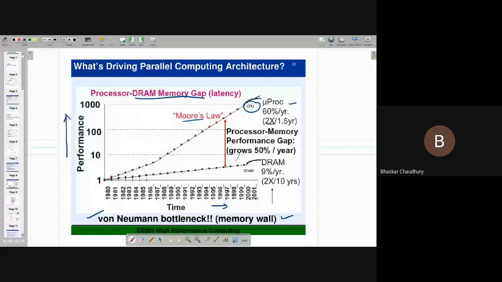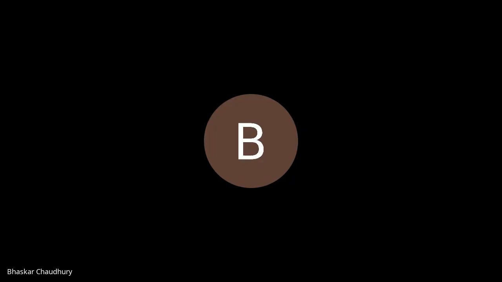So you can see the microprocessor performance is increasing almost 2 times per 1.5 years as per Moore's law. But the DRAM performance, that is the memory performance, takes almost 10 years to get to 2 times. So it clearly tells that if you really want to write optimized code, you have to address the issue of memory, the data flow, the data path.